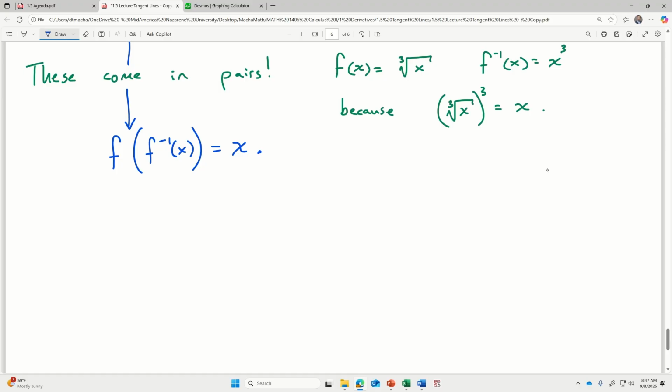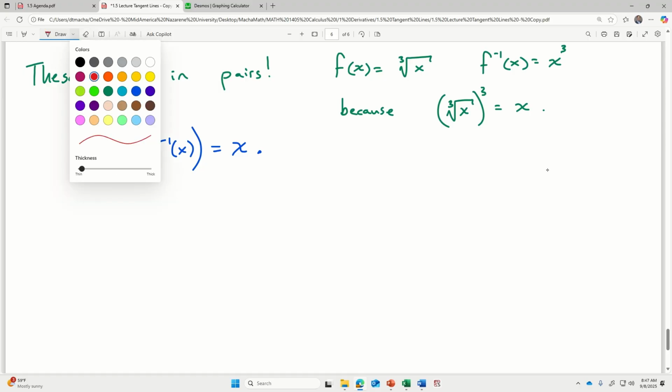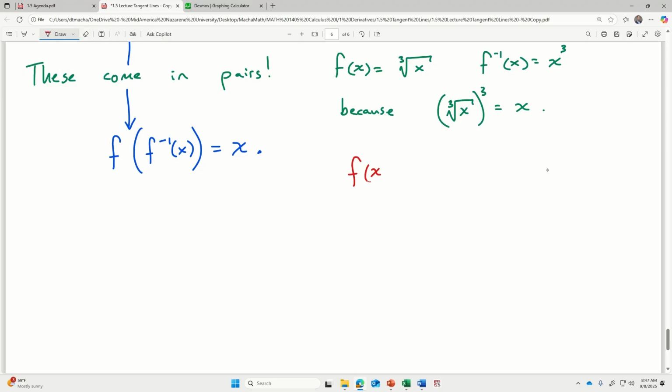Let me give you another little example too. If I have this function, I think that the inverse function would be this.